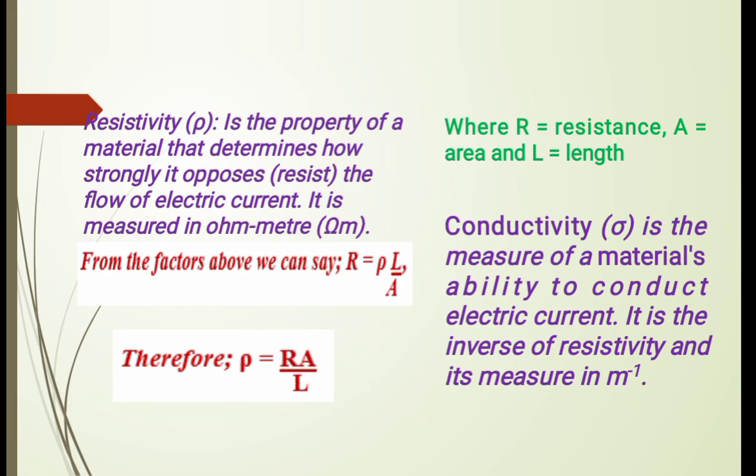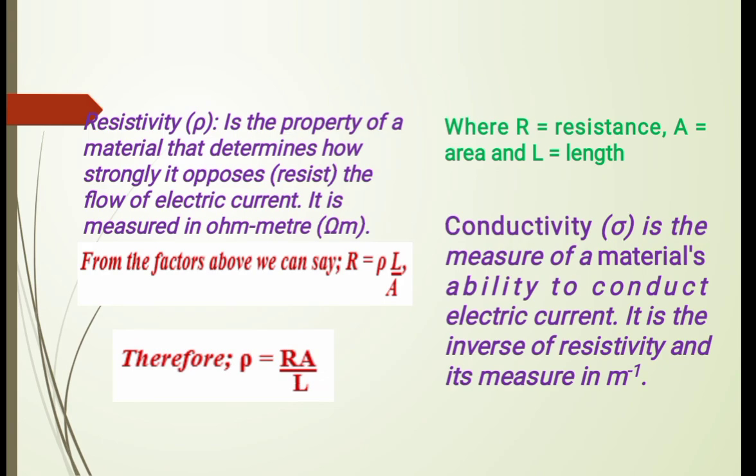This resistivity, which is the factor of the material the conductor is made from, also has a direct relationship with the resistance of a material. The higher the resistivity of a material, the higher the resistance it offers.